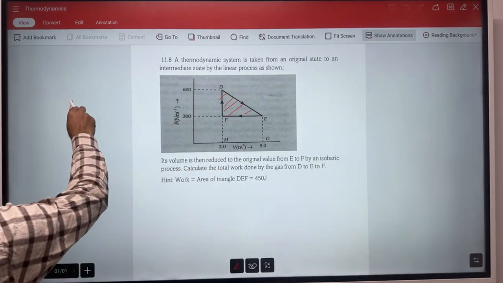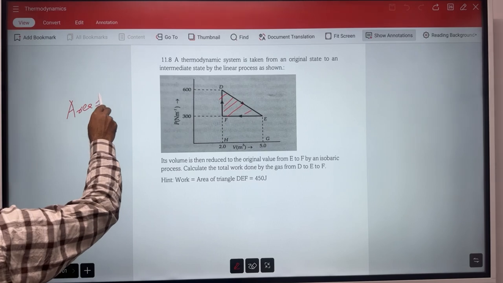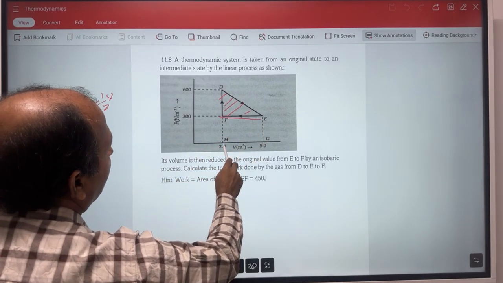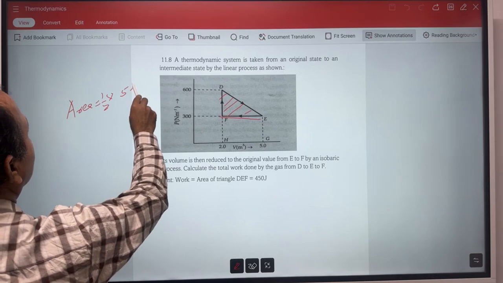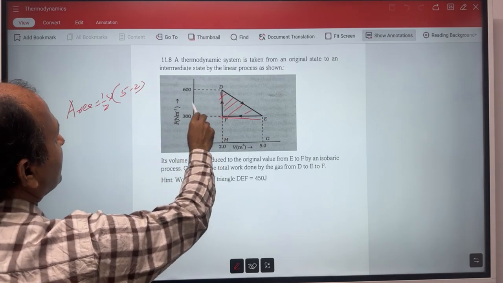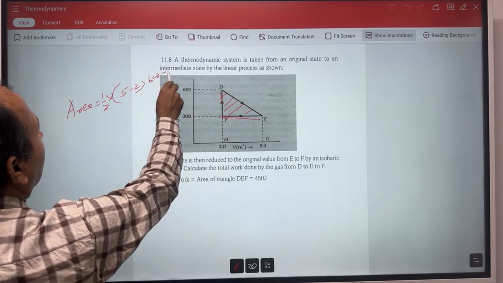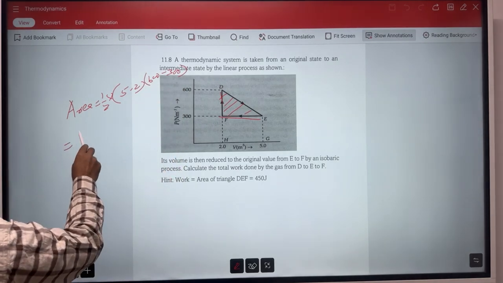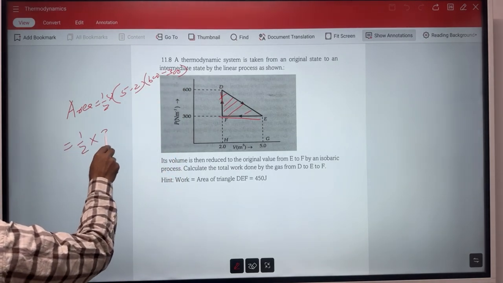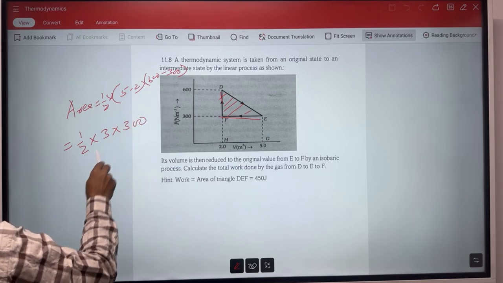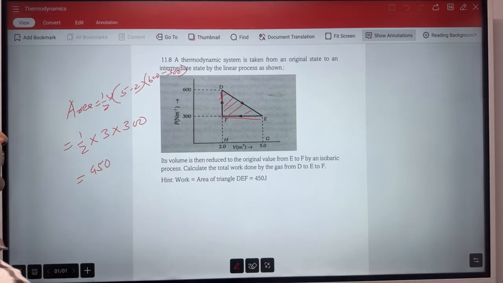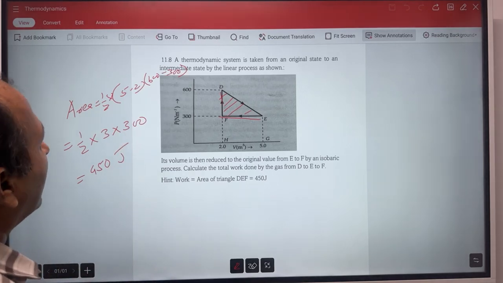The base is 5 minus 2 and the height is 600 minus 300, right? So it will become 1 by 2 into 3 into 300. This will be 450, right? And you have to find out work done, it means it will be in joule. So this is the answer.